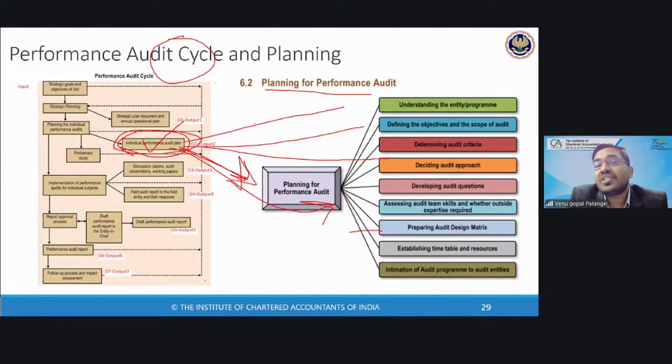In the private sector, the investors put in money, so they review performance daily. Here, in such a huge company, even the MD of a PSU entity may not have adequate time to review the performance of units across India. That is the reason you need an independent party to do performance audit. And while doing performance audit, this is what you need to do for planning it. Clear?